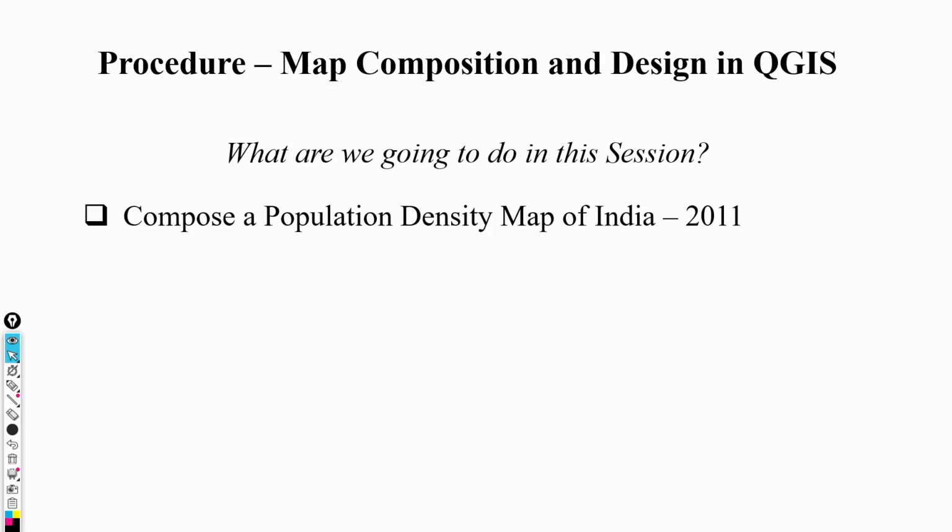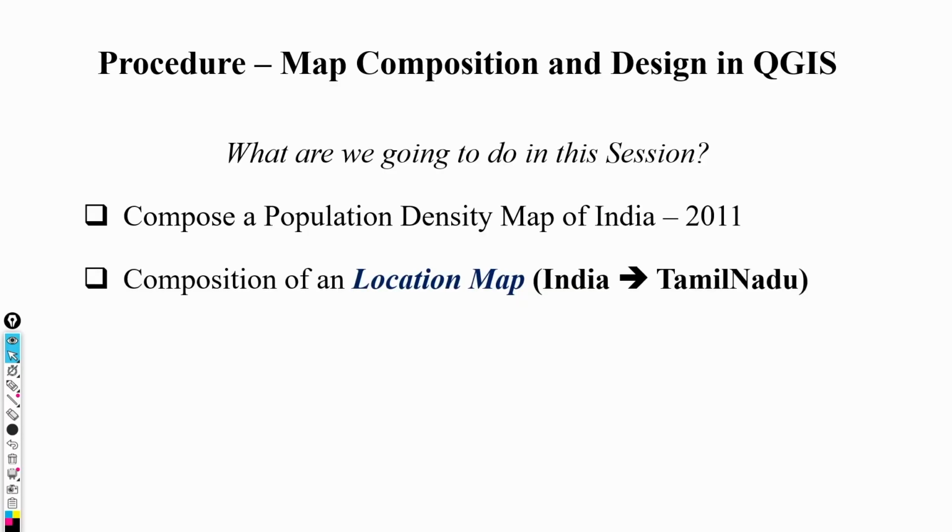And then in the next lecture I will tell you how to create a location map. A location map is a very important component of map composition. I will tell you what a location map is in the next slide. The dataset we will be using for all these experiments is the India states underscore density dot shapefile.